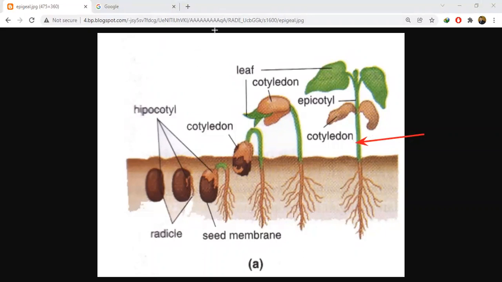This is the hypocotyl, then the cotyledon, then above the cotyledon the epicotyl, above that there is the leaf. This you can see in the dicot plants.